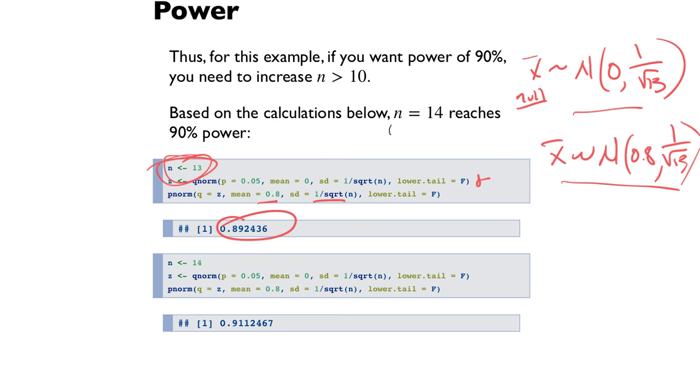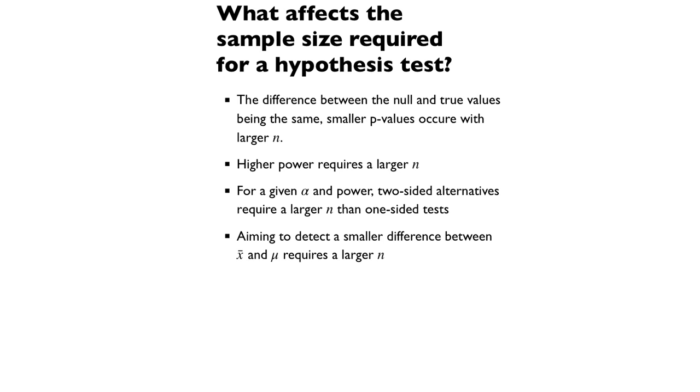And you can only add discrete sample sizes. So you go up one more, repeat the exercise, get a new standard deviation of the average, a new critical value, get the probability of being greater than that critical value under the alternative again, and it's 0.91. So you would go with 14 because it reaches the power that you want. And you want the power again to be greater than or equal to the specified value.